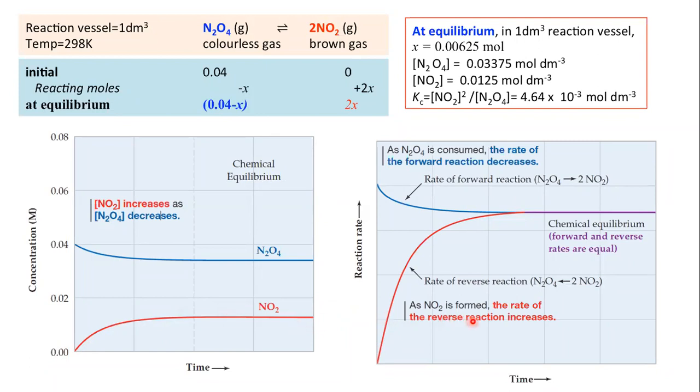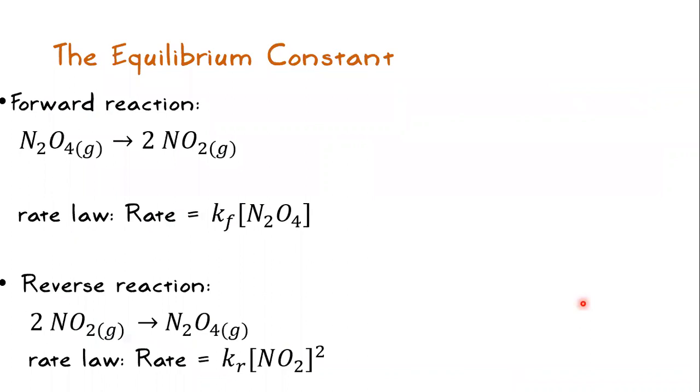At a point, you realize that the two graphs will meet. In practicality, there will be a point where you wouldn't see a change anymore, so the two colors will mix together. You won't identify the colorless and the brown gas. On the graph, you see this point here where the two curves meet. That is your equilibrium point.